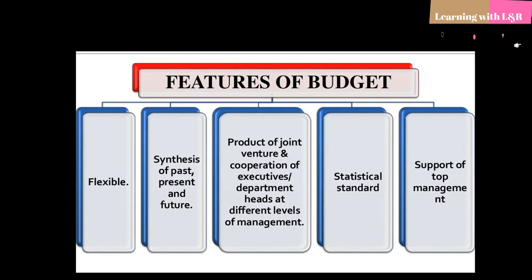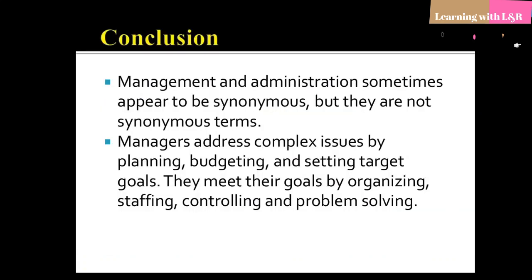Then synthesis of past, present and future. If we talk about the future, we have to think about projections for the future and learn from the past too. Then product of joint venture and cooperation of execution department heads at different levels of management. Then statistical standards and support of top management.